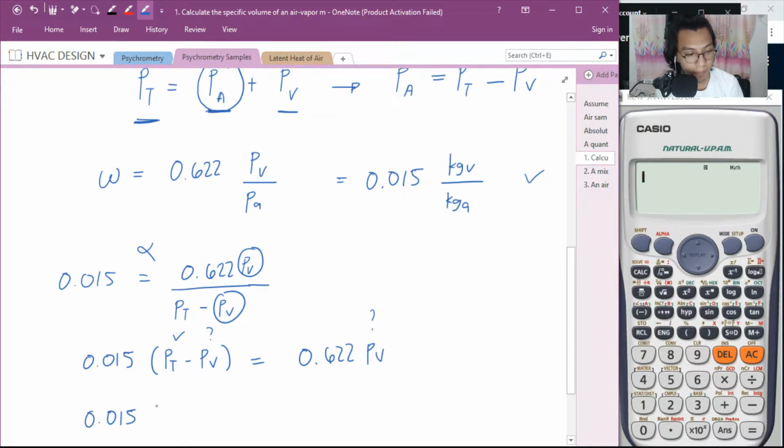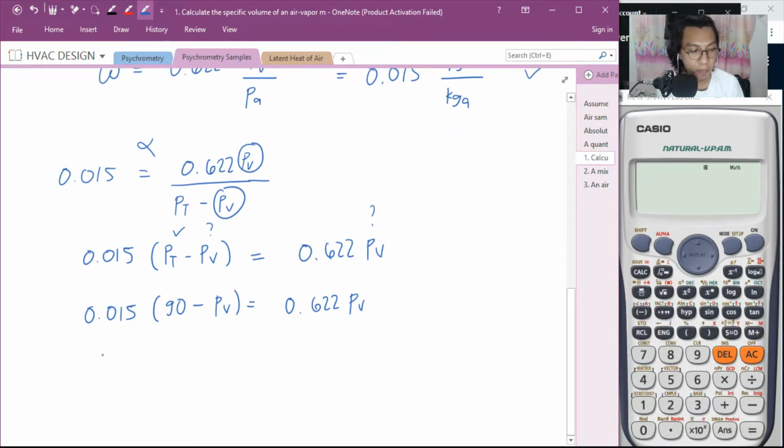0.015 nung 90 kPa na yan minus PV equal to 0.622 PV. Pagsamahin natin yung merong common variables.